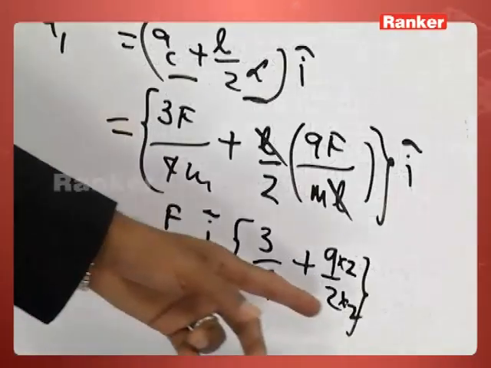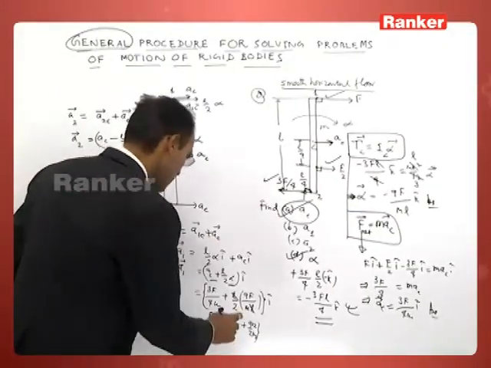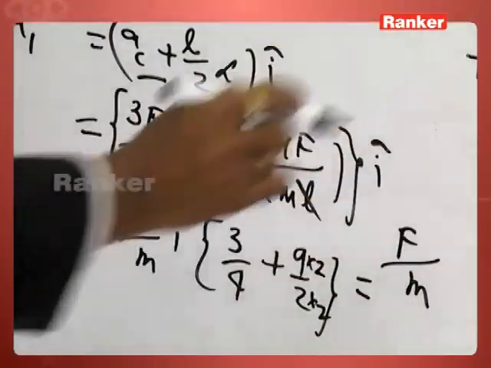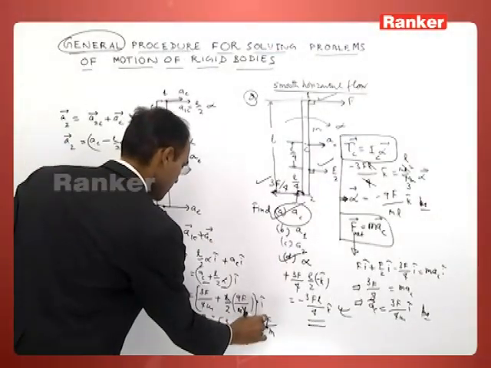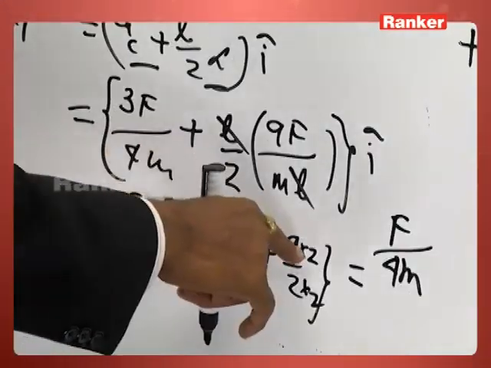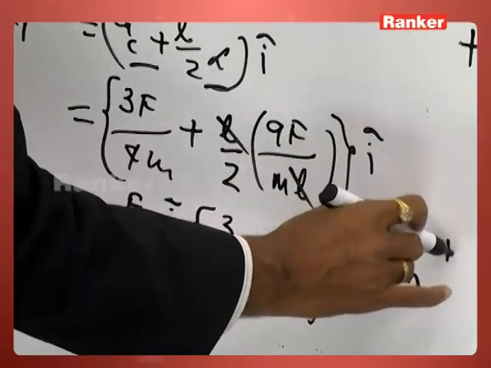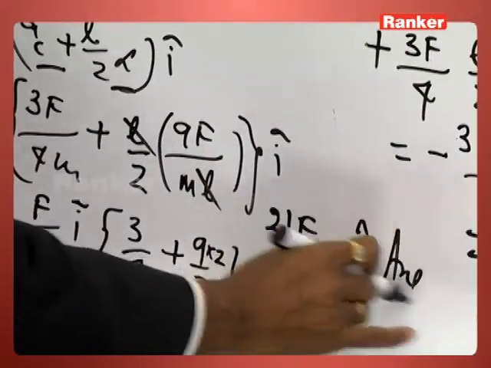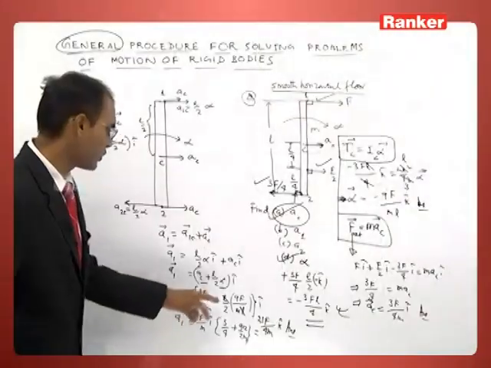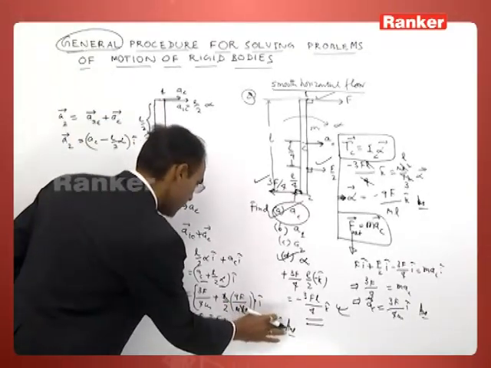So you are getting denominator 4, 4 you take common. Taking common, we are getting F by m into 1 by 4. This is 3 plus 18, that is 21. Okay. So acceleration of this point 1 is equal to 21F by 4m. It's not k cap, it's i cap.